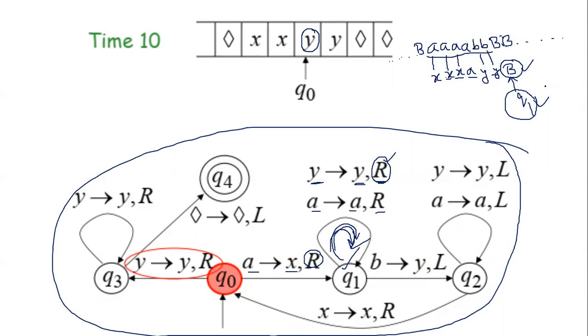And when the machine halts, you see you are not in a final state. You are in Q1, which is not a final state. That means when the machine halts, it sees that the state where it currently is not a final state.